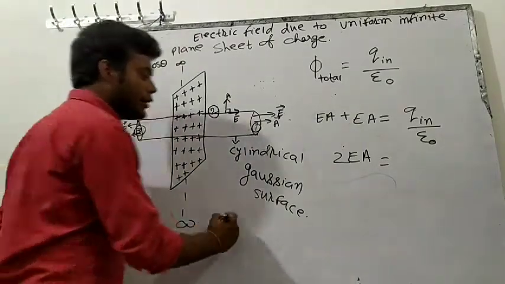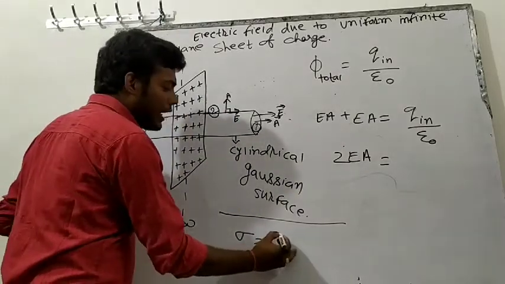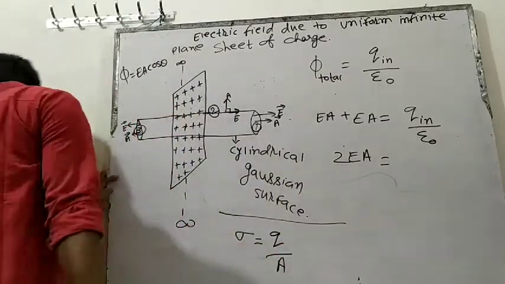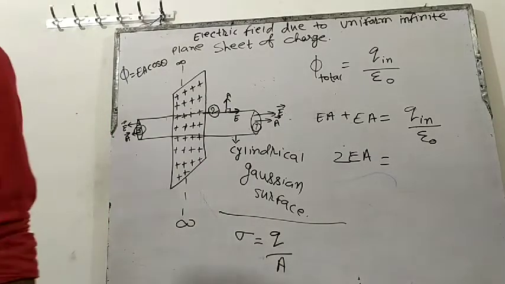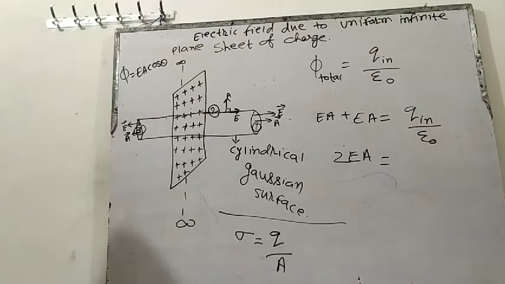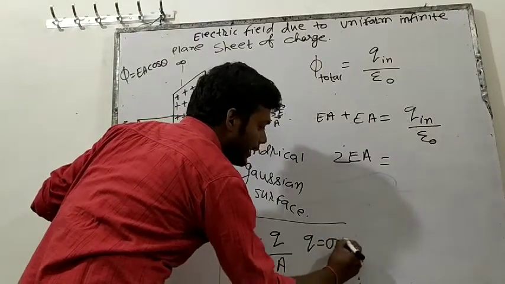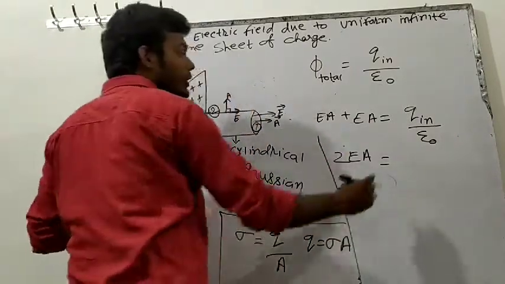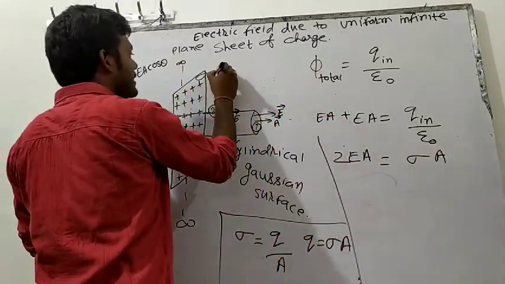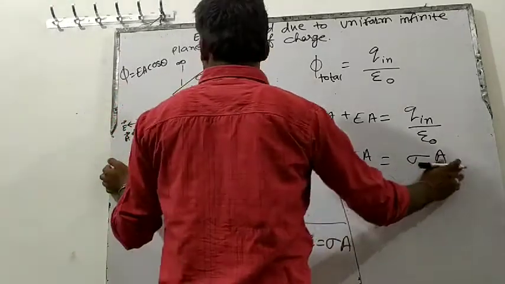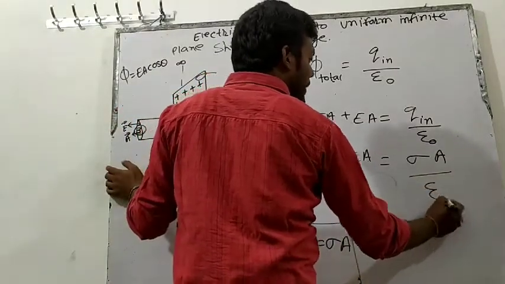What will be Q inside? How will we understand this Q inside? Here, surface charge density, sigma, is defined as charge per unit area. So Q is equal to sigma into A, where sigma is the surface charge density on this surface and A is the area. So 2EA equals sigma into A by epsilon naught.